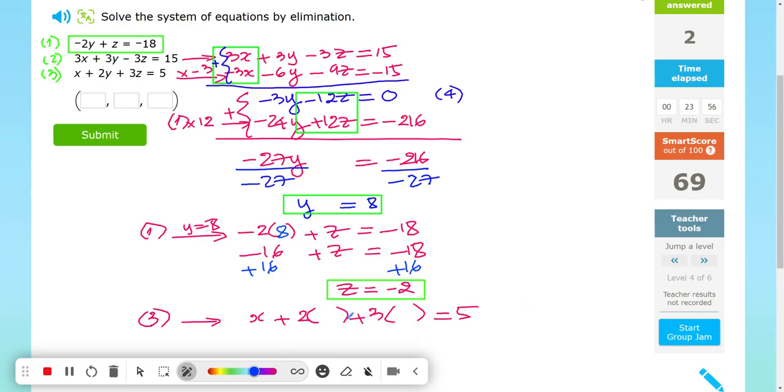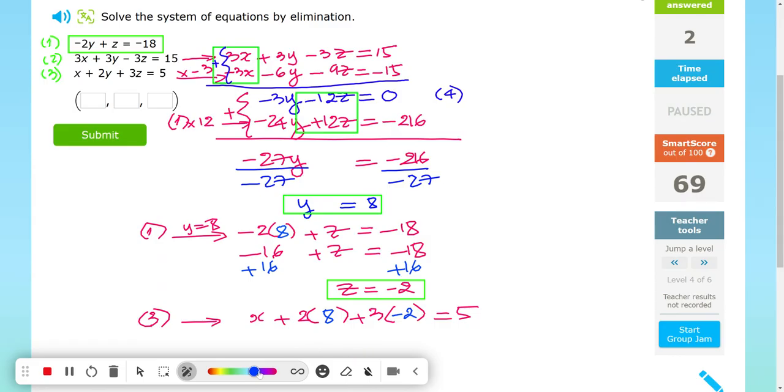Let's substitute y equals 8, z equals negative 2. So I come out with x plus 16 subtract 6 equals 5. 16 subtract 6 becomes 10, so I subtract 10 on both sides. Then x equals negative 5.